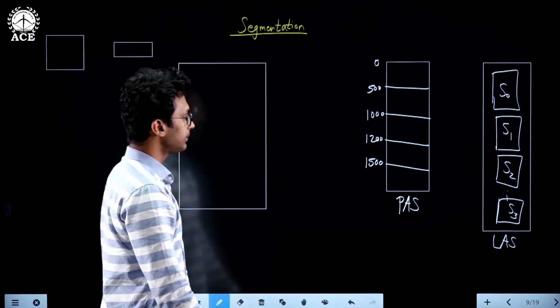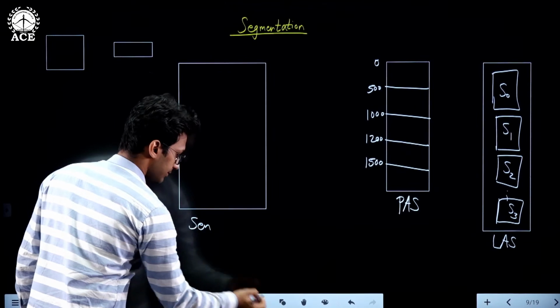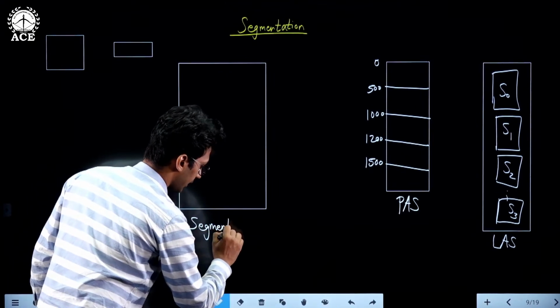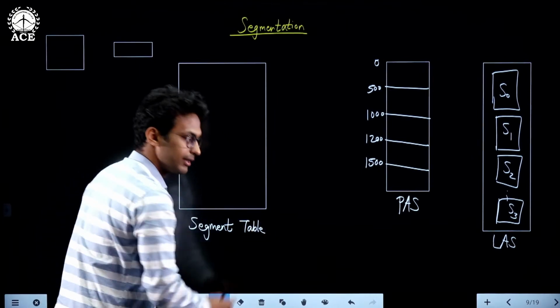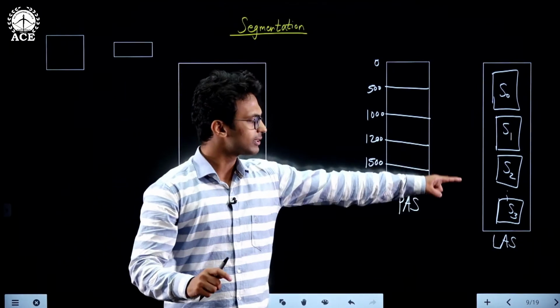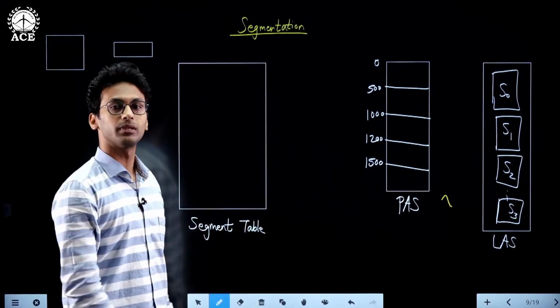Now if you observe this, this is the segment table. See, it is very logical. Previously, in logical address space we had pages, which is why we maintained a page table.